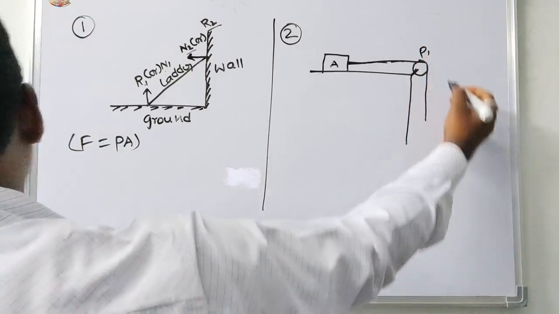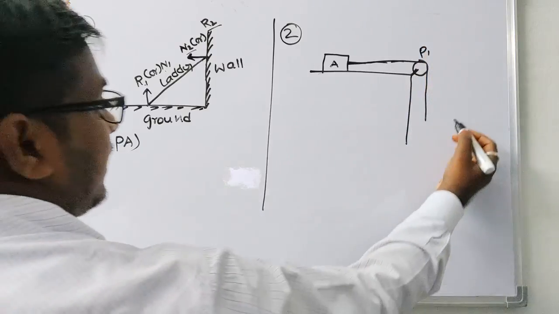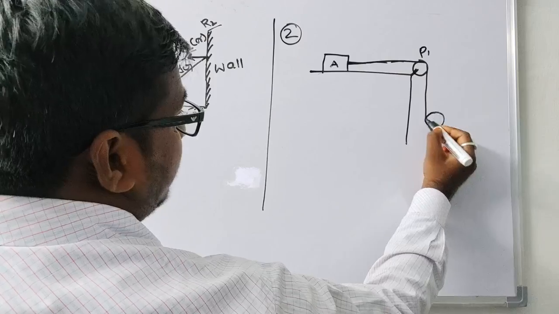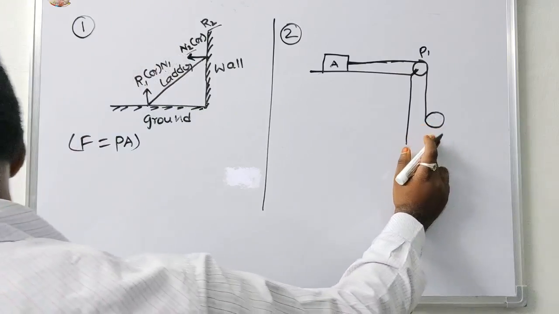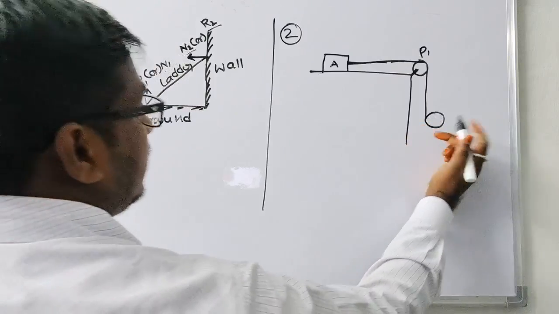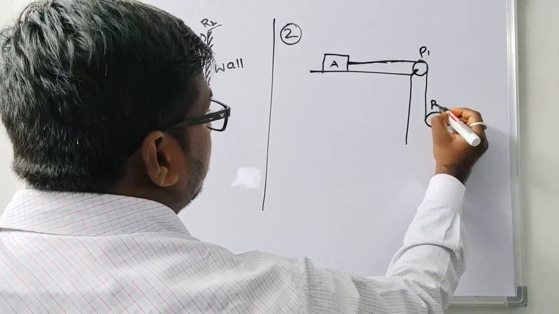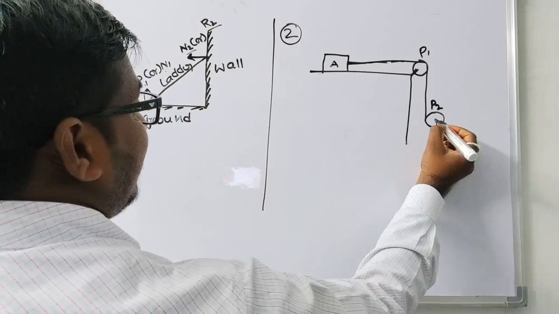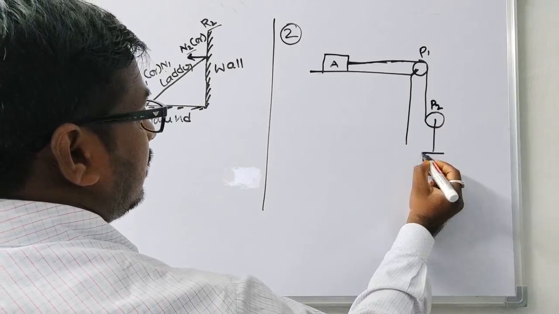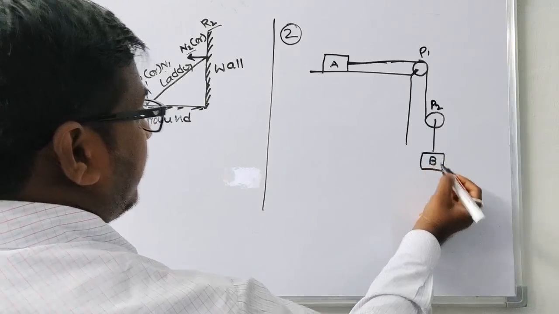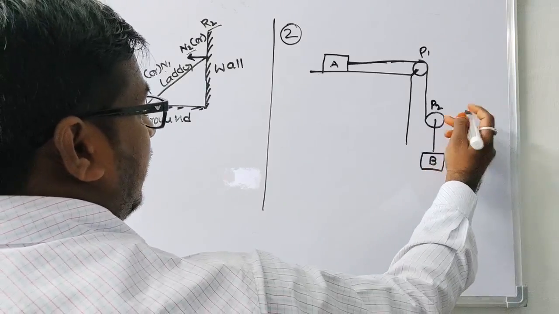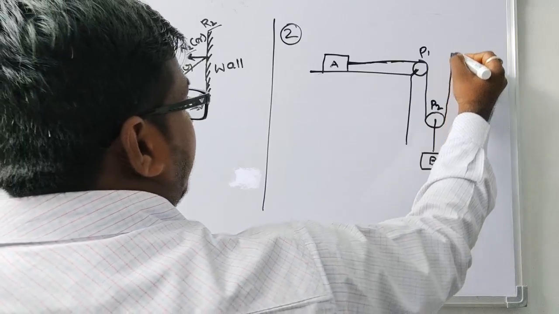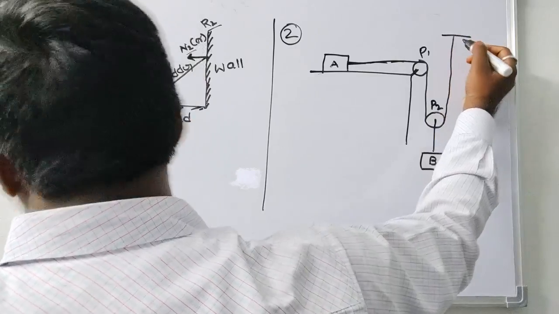The other end of the string is connected to another pulley, P2. One block is hanging down, that is block B. The second pulley is attached to the ceiling.